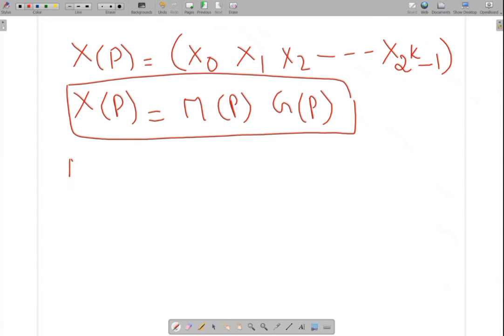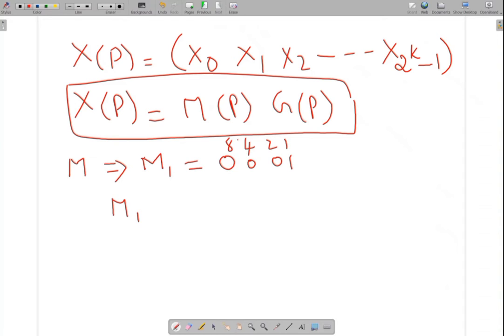Here m is equal to m1. Consider the second message vector. The second message vector is m1, that is 0 0 0 1.